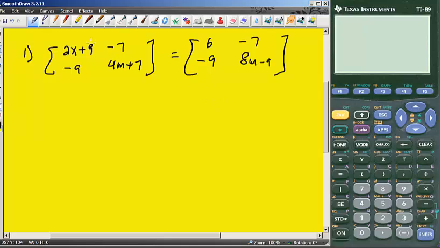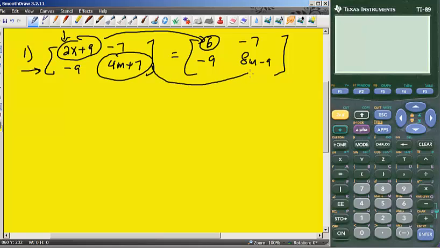Basically what that means is if these two matrices are equal to each other, and these are 2 by 2 matrices, then that portion has to equal that part. So whatever's in the first row, first column has to equal each other. And then what is in the second row, and these are the rows, and these are the columns. Okay, second row, second column has to equal what's in the second row, second column there.